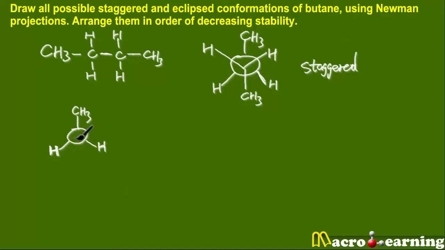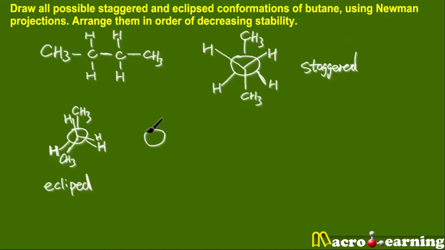So by doing that, the methyl group will turn by 60 degrees. It will end up here, overlapping with this hydrogen, and the two other hydrogens will be here and here, right? So that's an eclipsed. So by turning 60 degrees a time, you get staggered, eclipsed, like that. Every other one. So it's one of the eclipsed conformations.